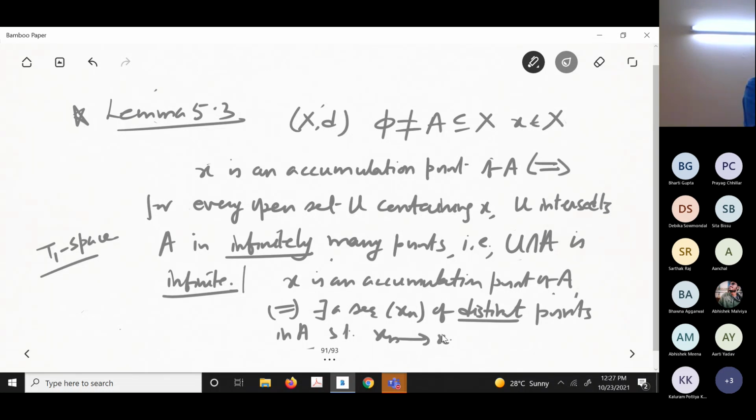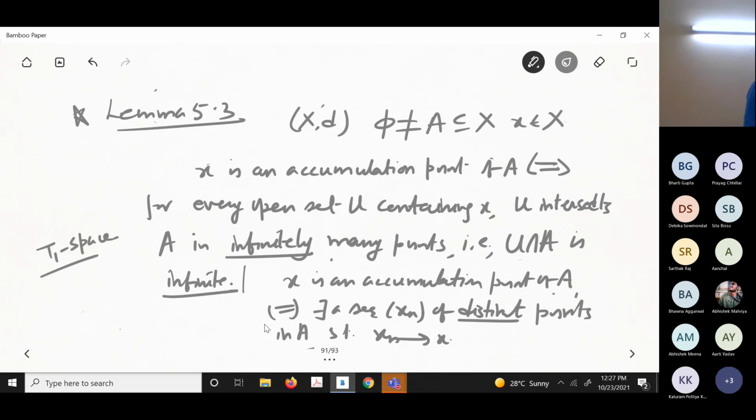So if you take any open set containing x, it will contain a tail of the sequence, but the sequence has distinct points, so it will contain infinitely many distinct points. Understand? The proof of this result, or what I was giving by using lemma 5.2, is the same.